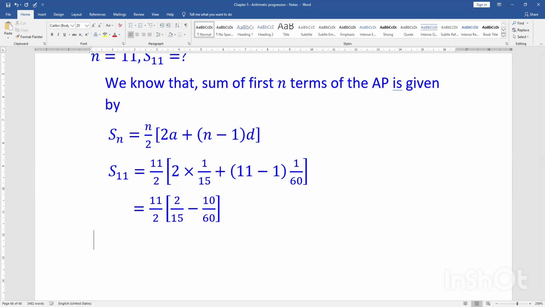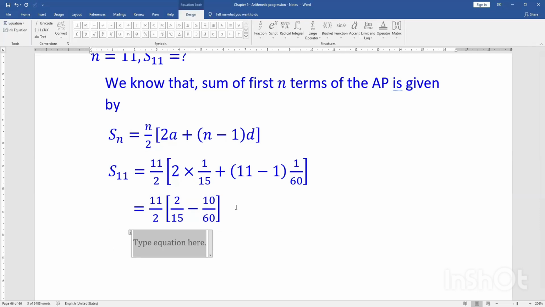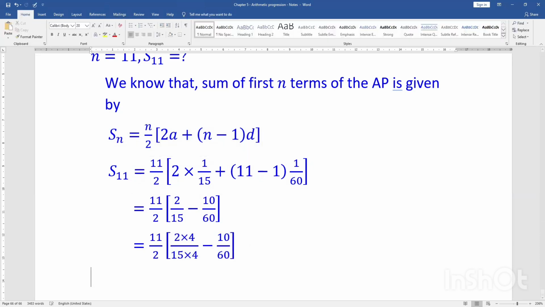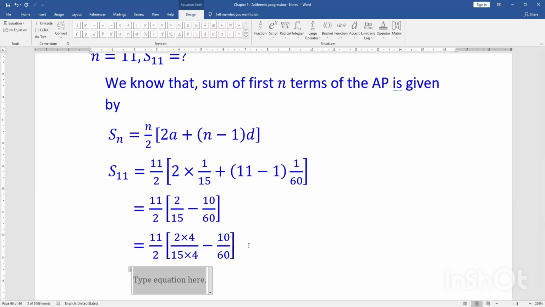Here LCM is 60. So I'm going to write first 11 by 2. And then you're going to write the same fraction, but make some adjustments. I'm going to multiply numerator by 4, denominator also multiply by 4.